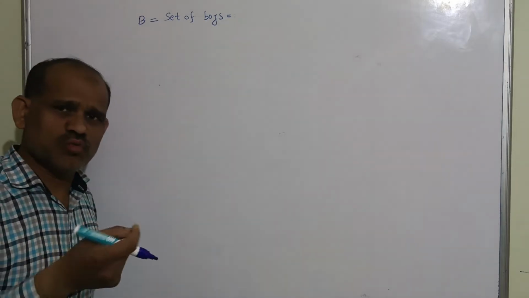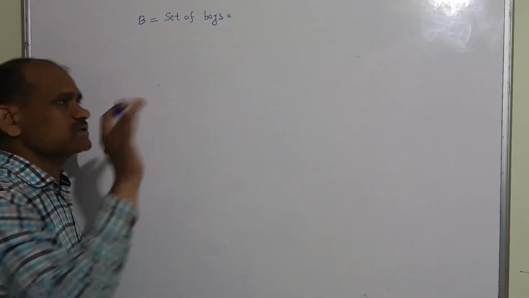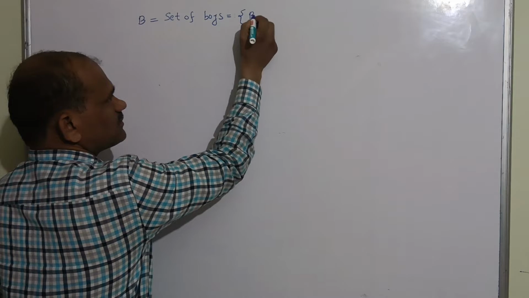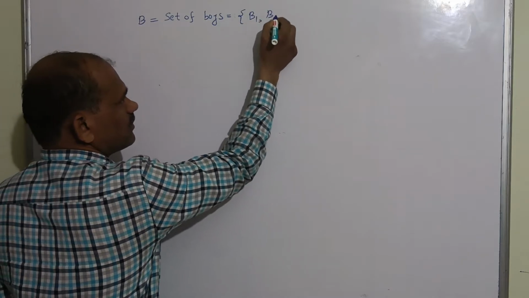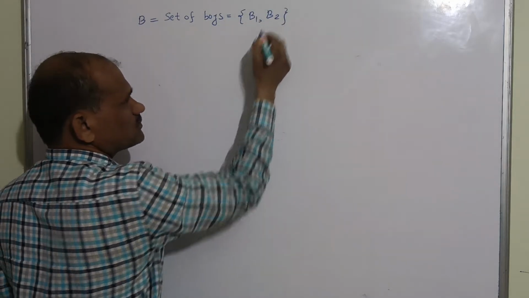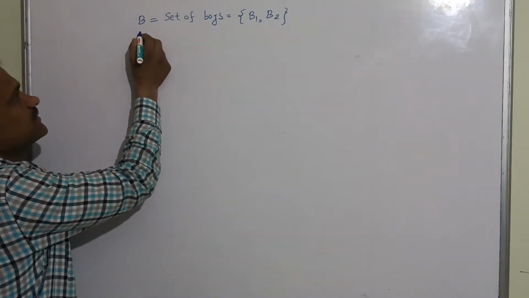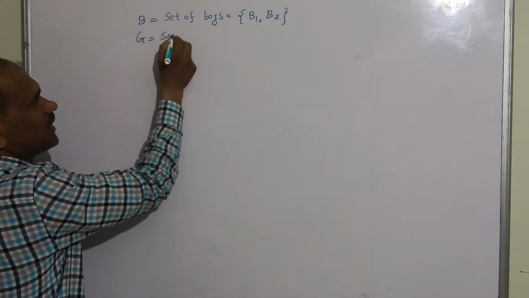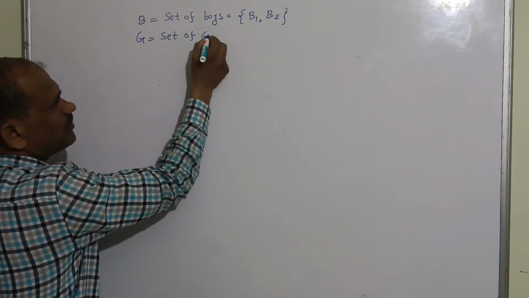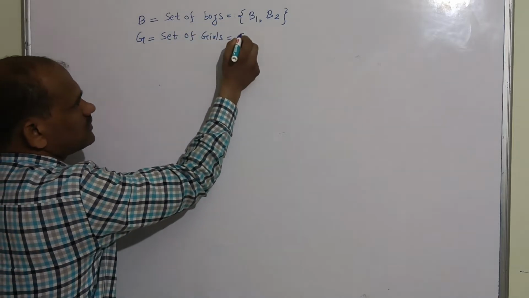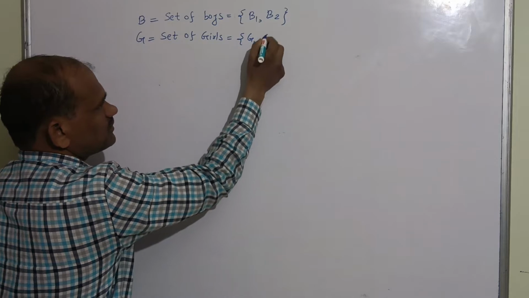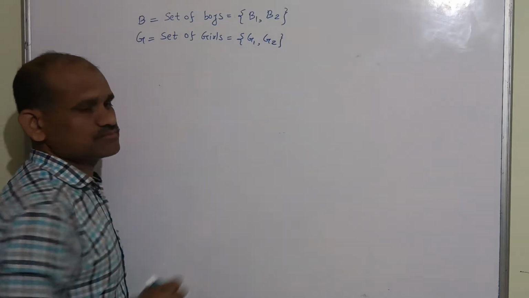It may contain 2 boys, 3 boys, 4 boys, etc. So I am taking here B1 and B2. These are 2 boys. The next set is G, the set of girls, which contains G1, G2.